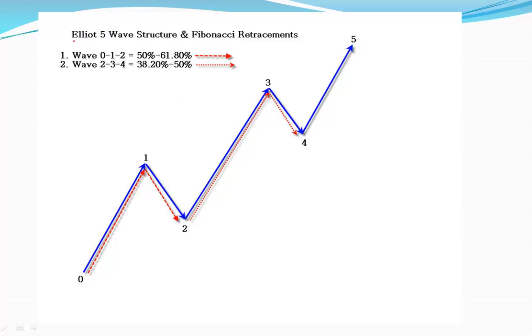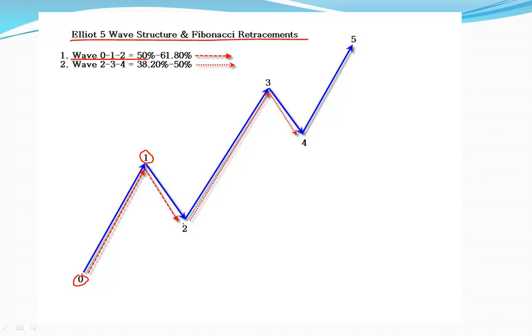Now, the Elliott wave structure and Fibonacci retracements are important. All right, Elliott wave from 0 to 1 to 2.